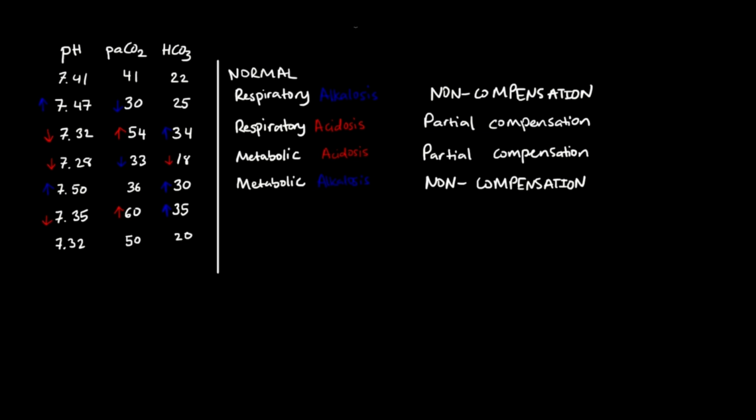The pH and the PaCO2 are moving in opposite directions, so this is an example of a respiratory issue. And so while the pH is normal, it is closer to the acidotic end, so we're going to consider this as respiratory acidosis.